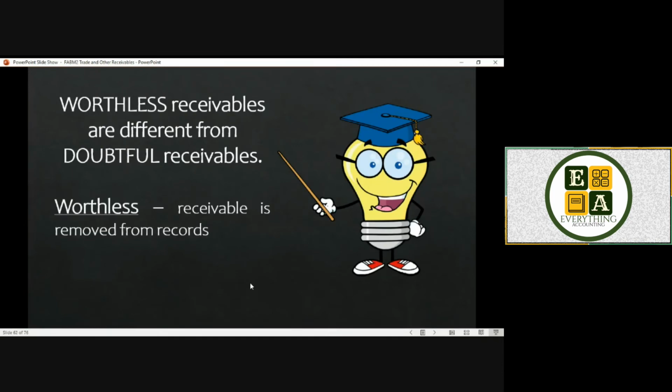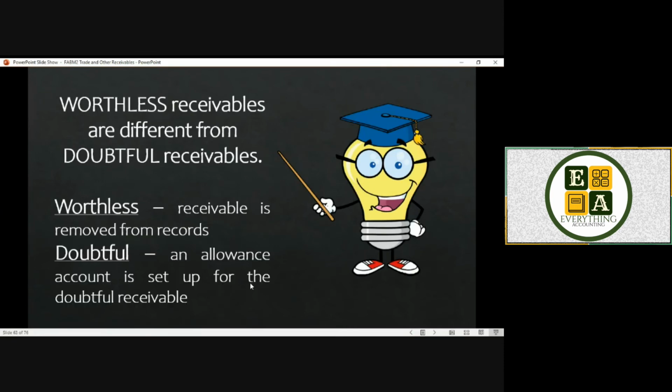Okay, so worthless receivables are different from doubtful receivables. Worthless means receivable is to be removed from the record, while doubtful and allowance account is set up for the doubtful receivable. Kumbaga, sa Tagalog, doubtful may duda pa lang. Worthless, wala nang duda. Talagang totoo na yan. Hindi mo na ma-collect.